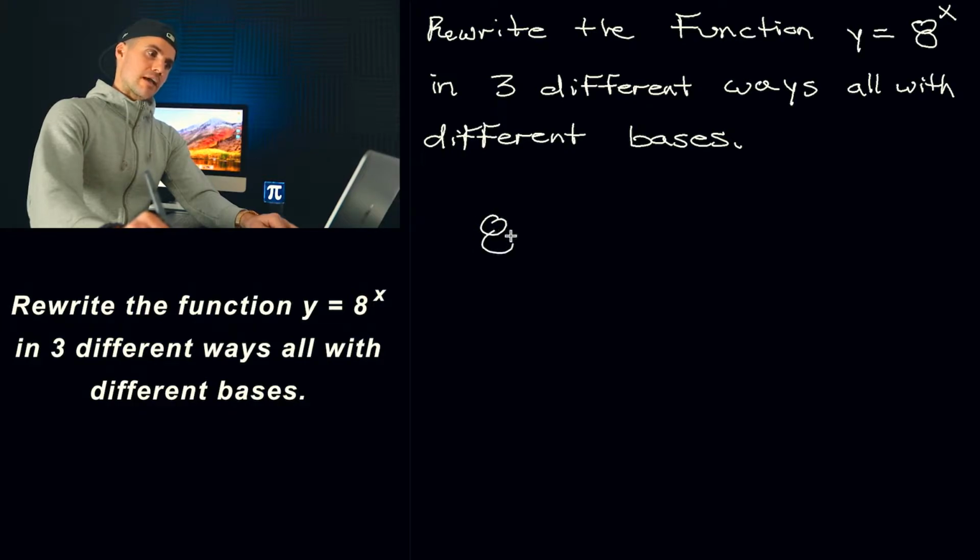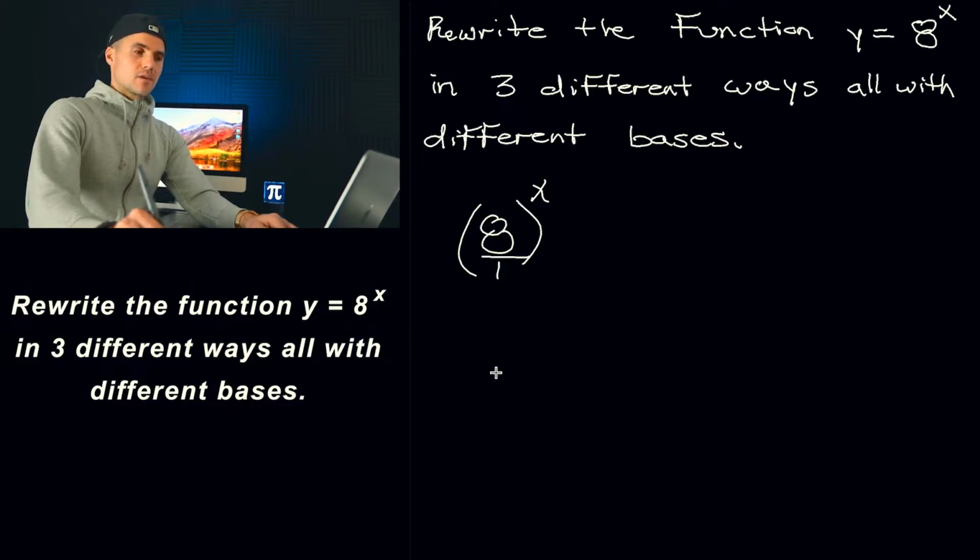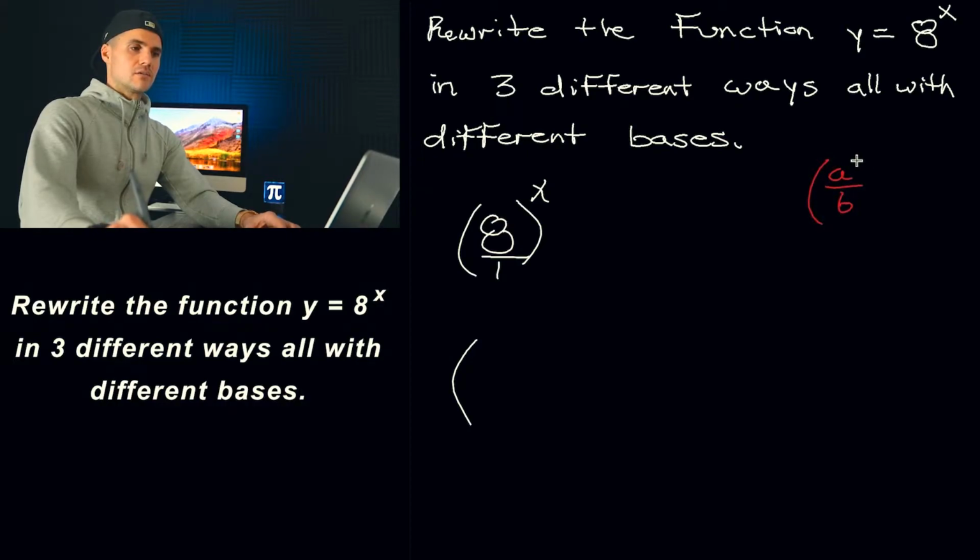Let's think about this. We got 8 to the power of x. What we want to do is rewrite this 8 in different ways. Well, one way that comes to mind is, okay, this 8, it's like 8 over 1, right? Well, if you remember the rule, let me maybe write in a different color on the side. If we have any fraction to an exponent, that's the same as the reciprocal of that fraction to the negative exponent, right?